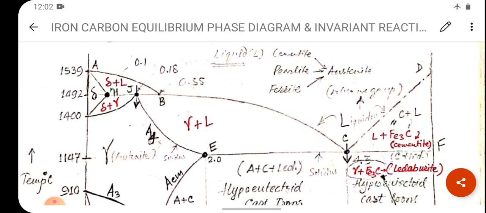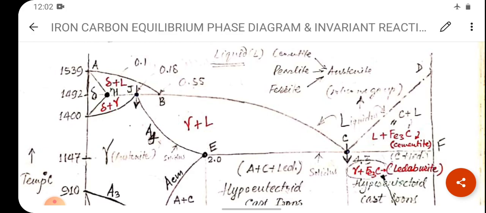I have drawn here, see this diagram, and again draw a line from A, that is 1539 degrees Celsius to an inclined line up to 1492 degrees Celsius. Clear? And this will give you point H, and H to 1400 degrees Celsius temperature line, that is on y-axis. So join these lines. Clear?